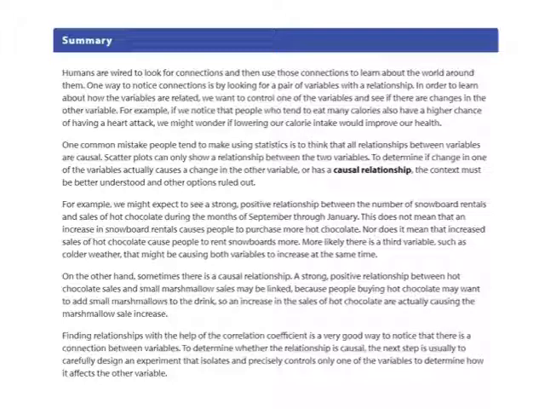What you would usually have to do is carefully design an experiment that isolates and precisely controls only one of the variables to determine whether it's a causal relationship, if you can't do so just by your knowledge and the context of the problem.